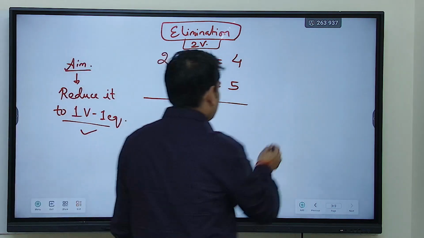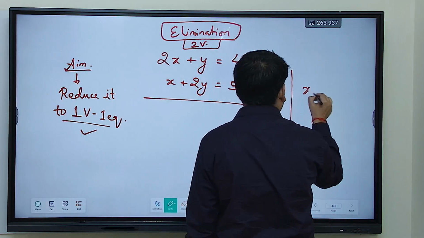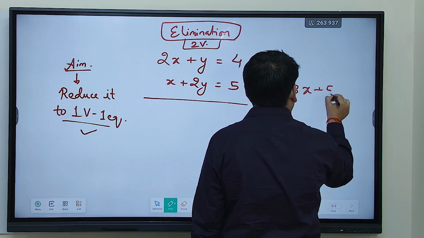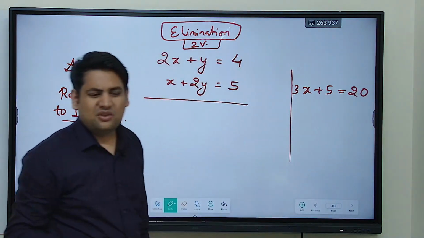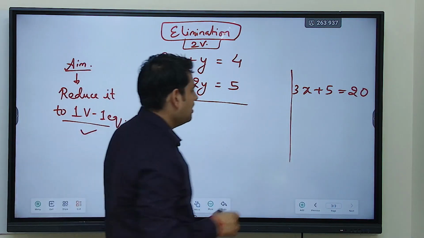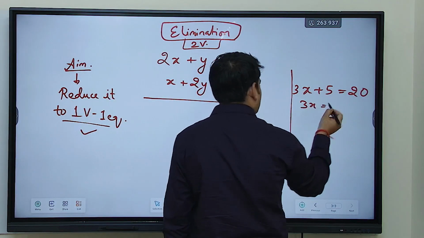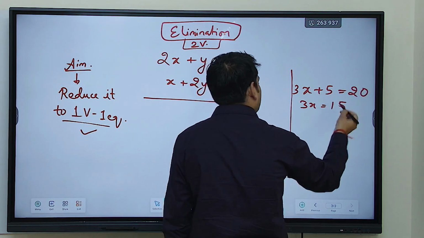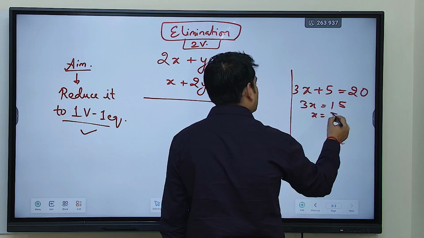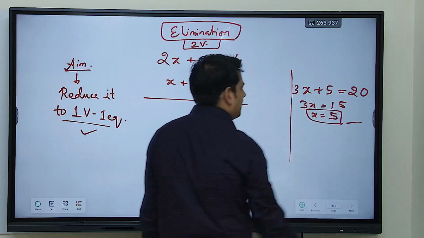Because one variable, one equation people are able to solve, like 3x plus 5 is equal to, let's say, 20, and now you are asked what is the value of x. So this you can do. How do you do it? The 3x stays, plus 5 goes to the other side and becomes minus 5. 20 minus 5 is 15. x becomes 15 by 3, which is 5.